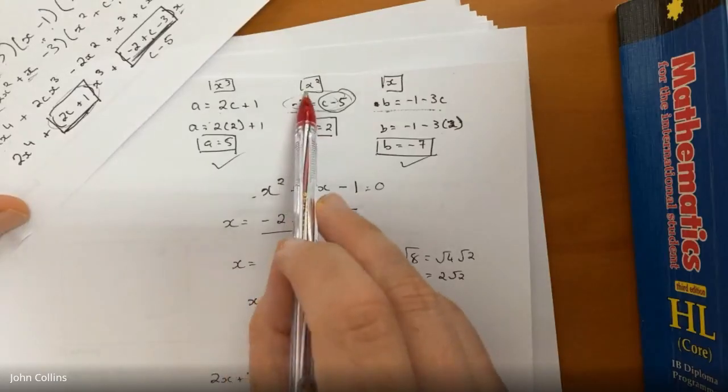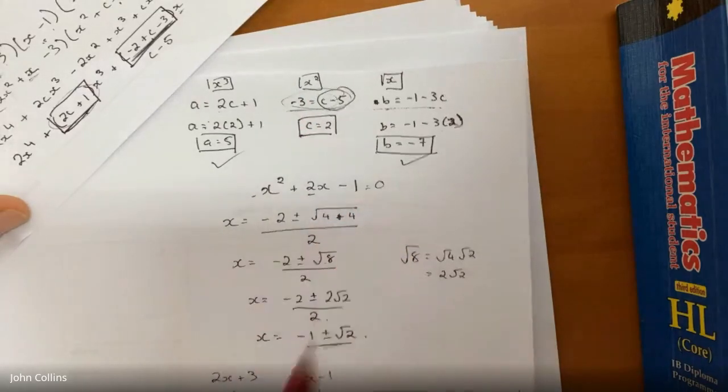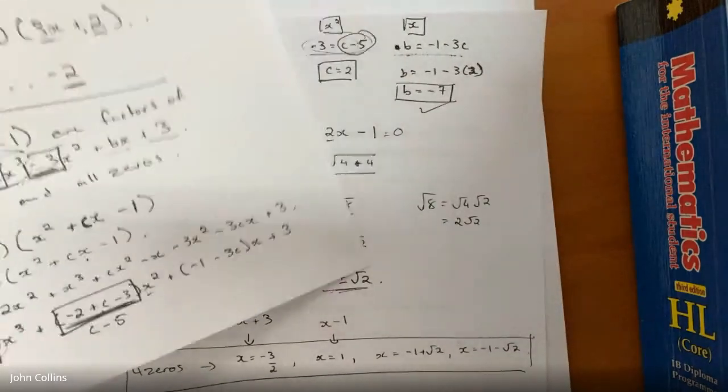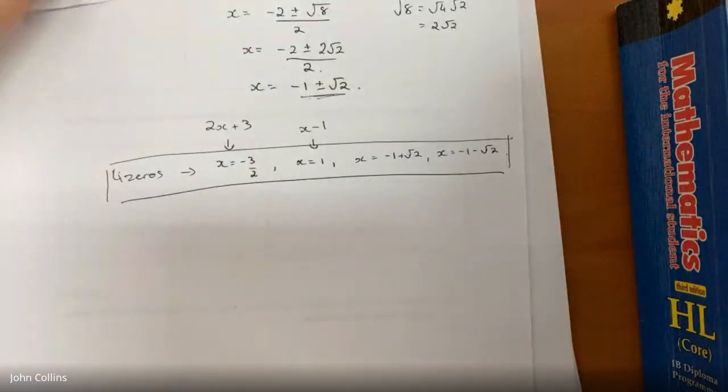They're the x squared coefficients. I've let them equal each other. And same for x. Rewatch the video. I'll try and put this up on YouTube. Rewatch the video again if you want to go through that one again.